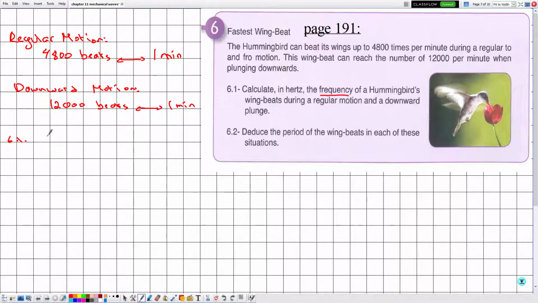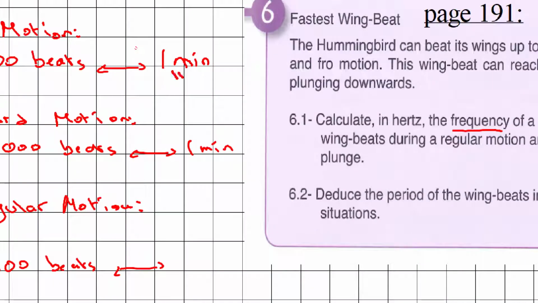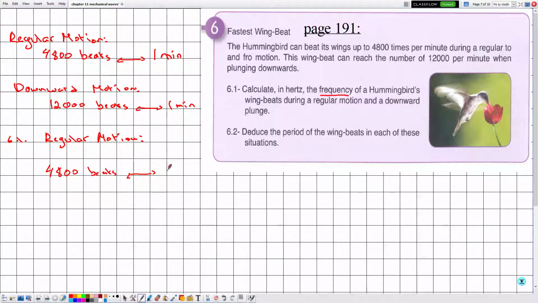So let's start with the regular motion. Let me say that 4,800 beats corresponds to, not 1 minute, however, but 60 seconds, because we know that 1 multiplied by 60 is 60. Now we need to calculate the frequency.